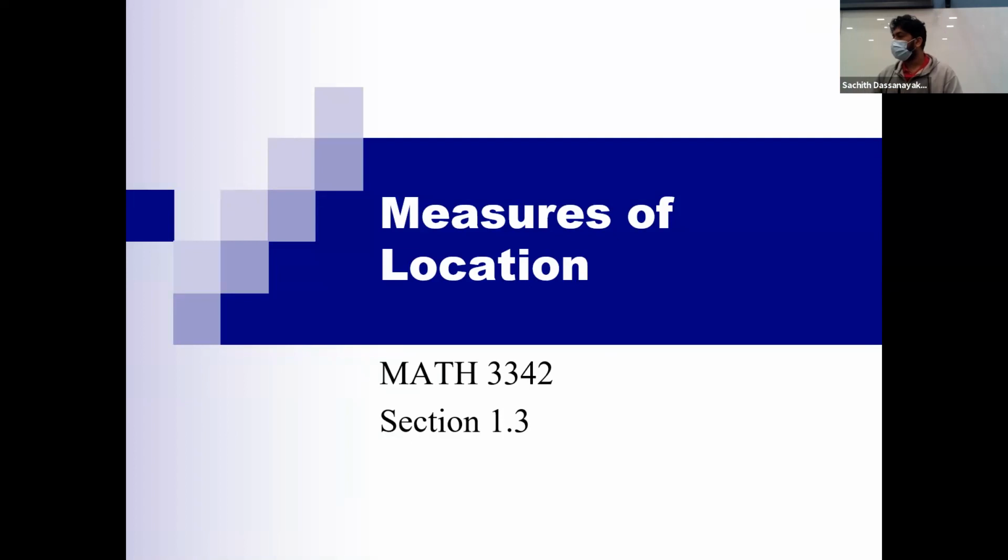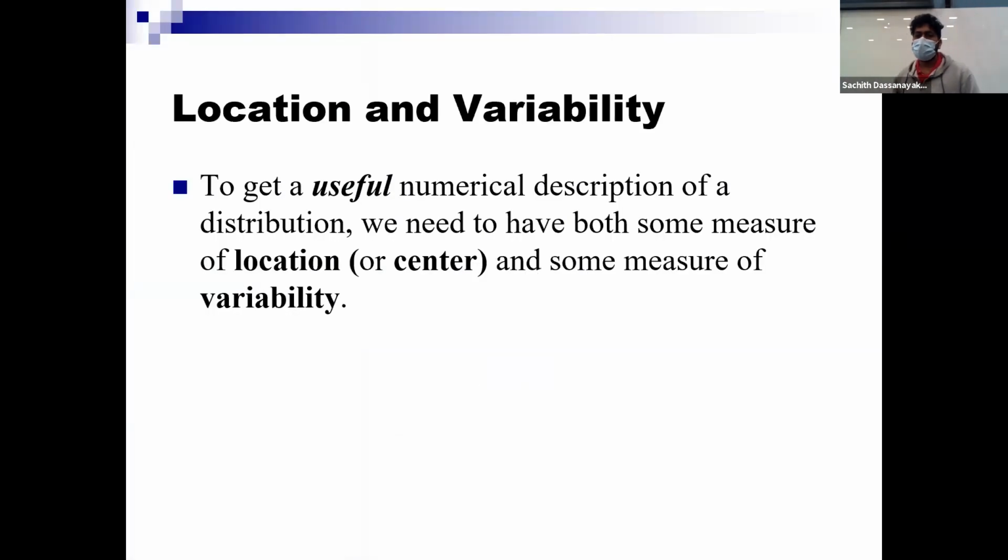We try to identify whether that data set is shifted from its center. Location and variability, we need both measures when we are going to the distributions. You will see how these location and variability parameters are changing your data set.